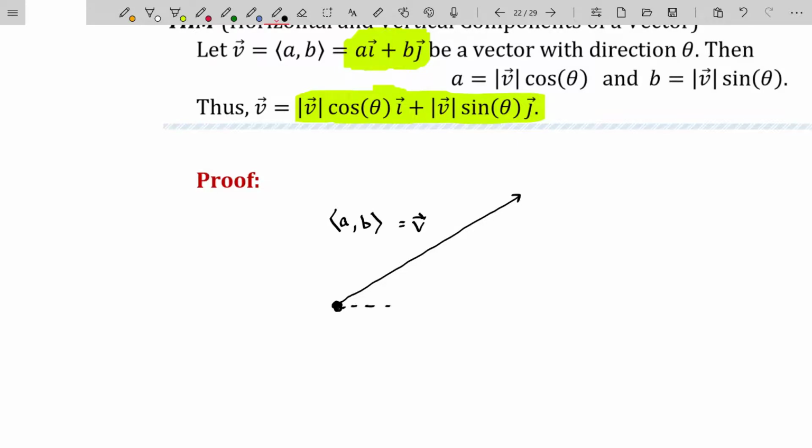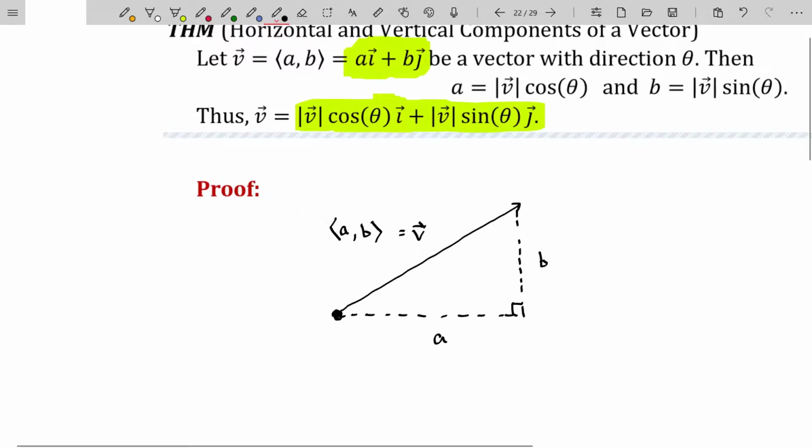That is, you have some distance horizontally, which we would call A, and some distance vertically, which we would call B. And you know that the angle that the vector makes with the positive x-axis we call theta. Whether this was pointed in quadrant 1 or 2 or 3 or 4, doesn't matter, the proof is the same. I just like this proof in quadrant 1.